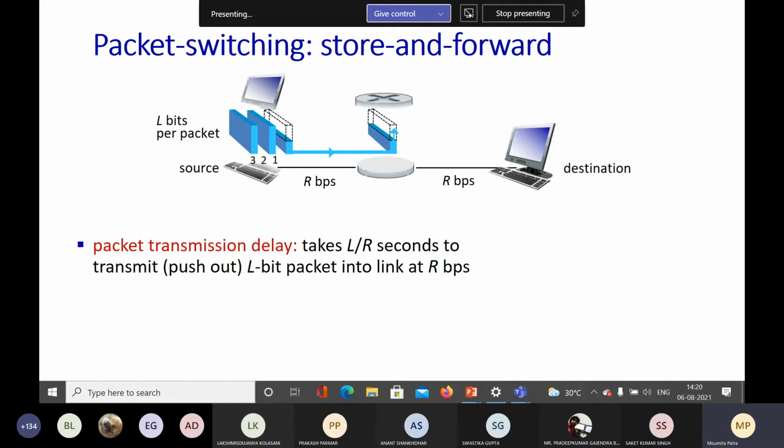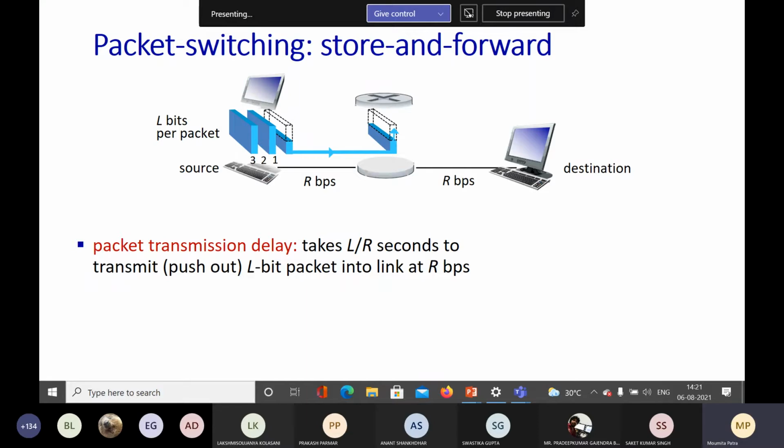Once this packet was transferred, there will be a transmission delay to put it on the medium, and of course there are some other delays also, which we'll talk about. It takes some time to send the entire L bits of data to the intermediate router.